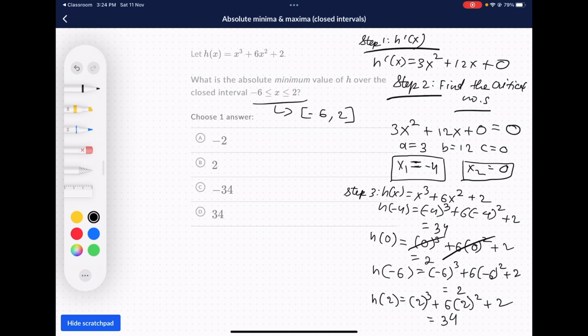Sometimes you can have the same values in your results. As you can see, not only are the 34s equal, but also the positive 2's. Now construct a table of values, with x on the left side and h of x on the right.